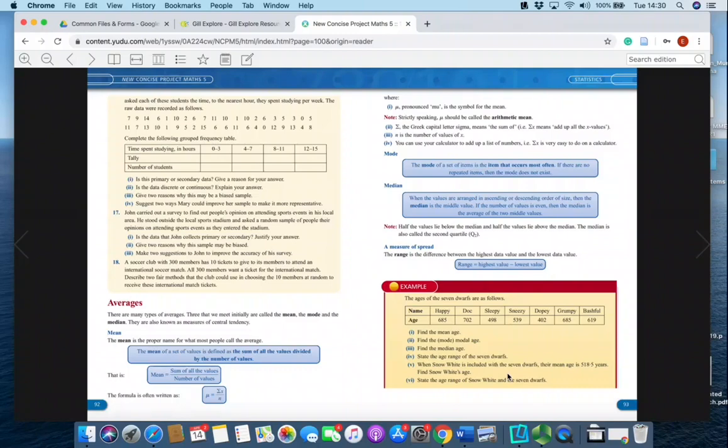Okay, so we have happy, doc, sleepy, sneezy, dopey, grumpy and bashful.